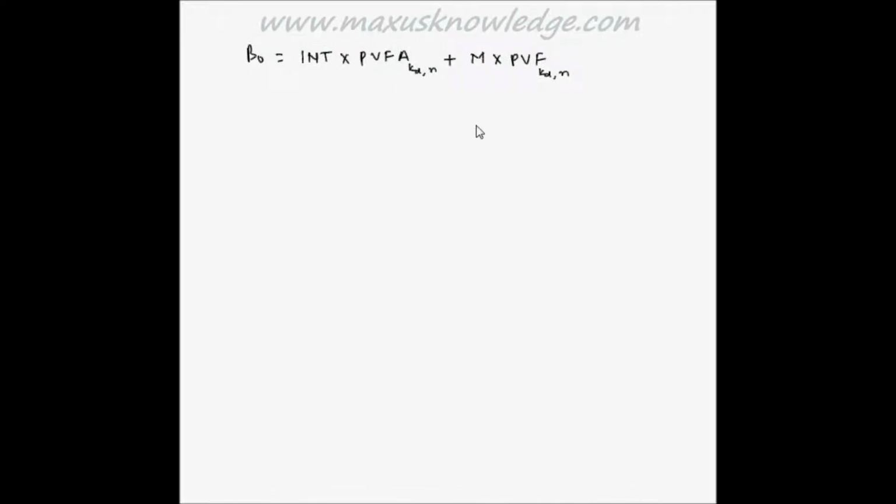So the value of the bond is equal to interest multiplied by present value factor of annuity, where interest rate is KD and tenure is N, plus M, which is the maturity value, multiplied by present value factor of a lump sum, where interest rate is KD and the number of periods is N.